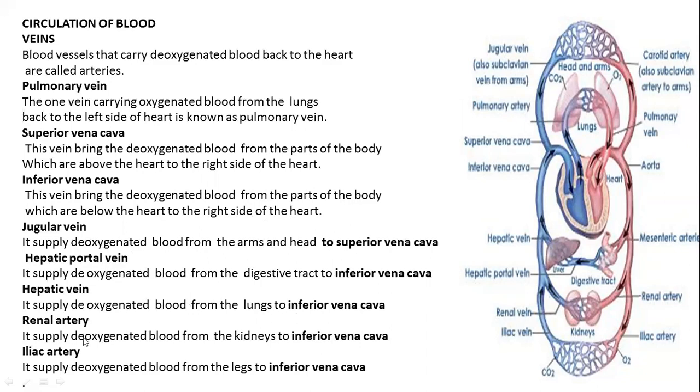Renal artery supplies deoxygenated blood from the kidneys to inferior vena cava. Inferior vena cava then takes the blood back to the right side of the heart. The last one is iliac artery. It supplies deoxygenated blood from the legs to inferior vena cava, which takes the deoxygenated blood back to the right side of the heart.